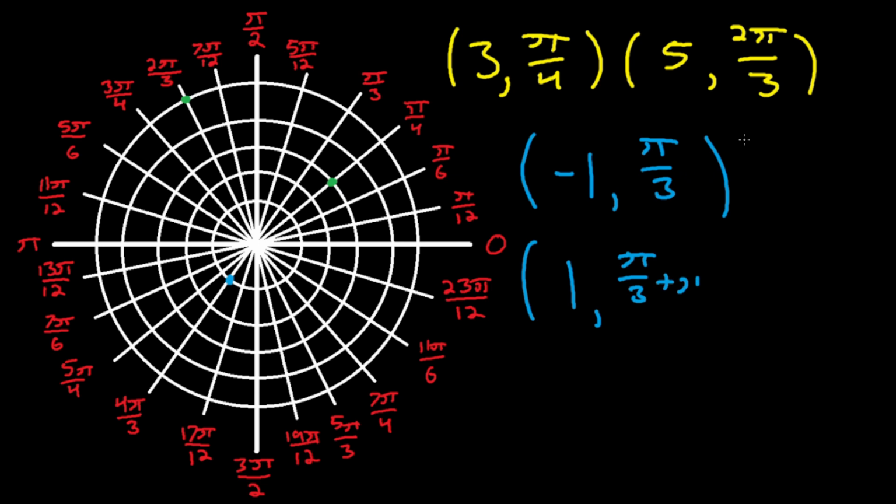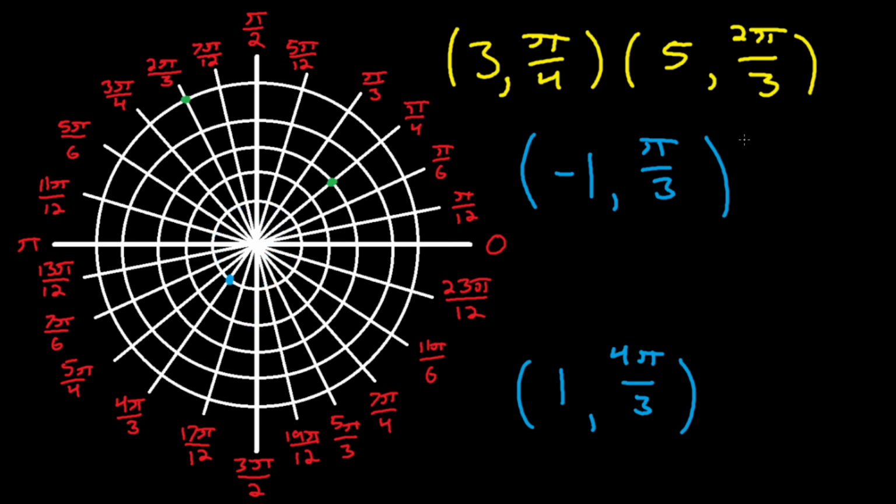Plus pi is 180 degrees, and if you add 180 degrees onto something, you simply go to the other side, correct? Well, in this case, we have 4 pi over 3, right? If we add pi to pi over 3, we get 4 pi over 3. Isn't this exactly where this point is at? Along the 4 pi over 3 angle, and still has a magnitude of 1, since it's along the first ring.